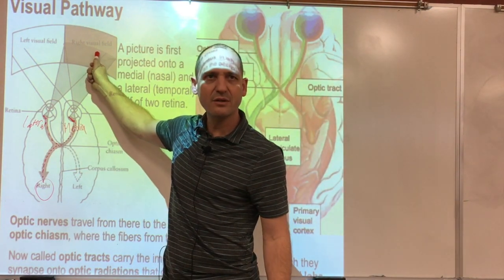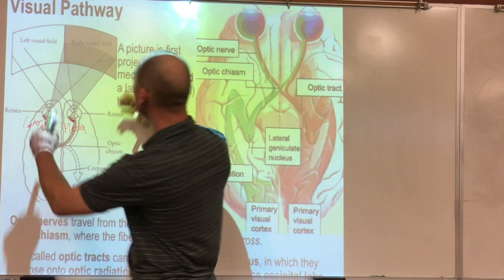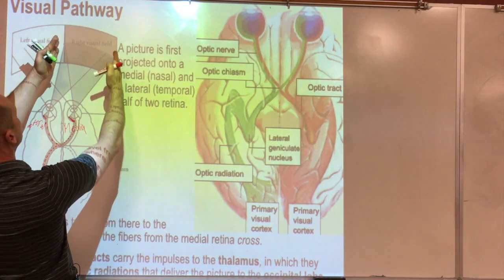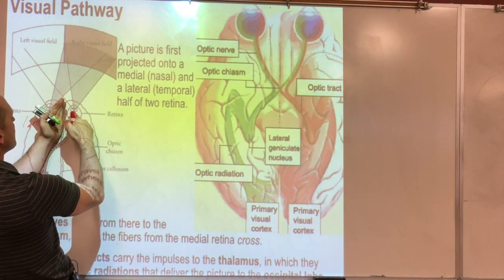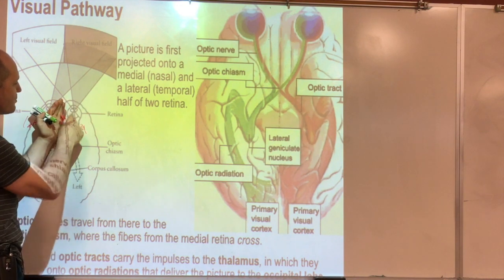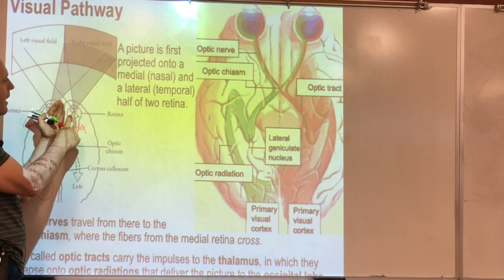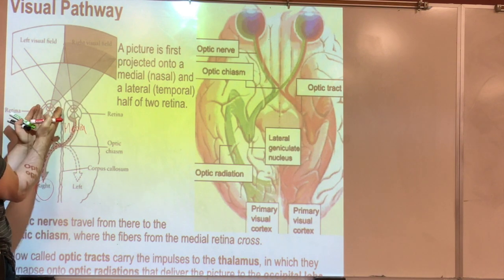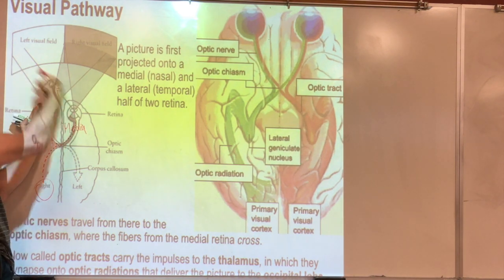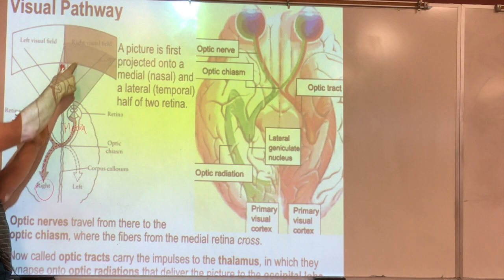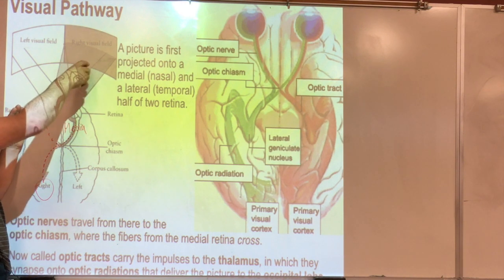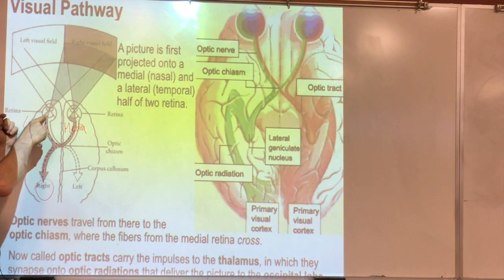Does that make sense? Look, a little bit of the seeing goes to this part, and this part of the retina picks it up more or less, because it looks this way. On the other side, it could not be picked up by this. That's on this side. So the light goes in and projects more to the outside of this eyeball.